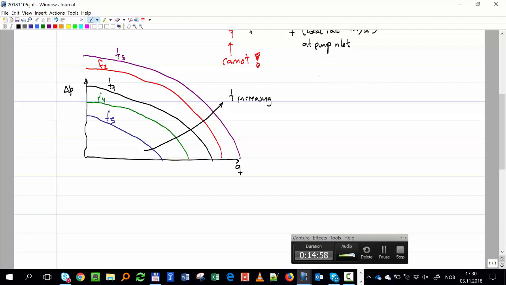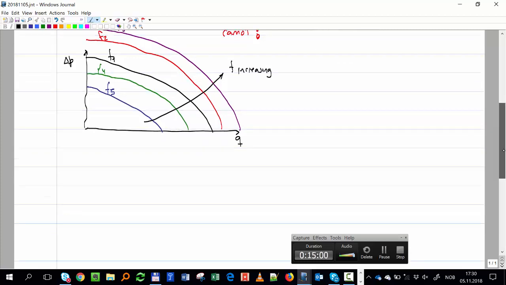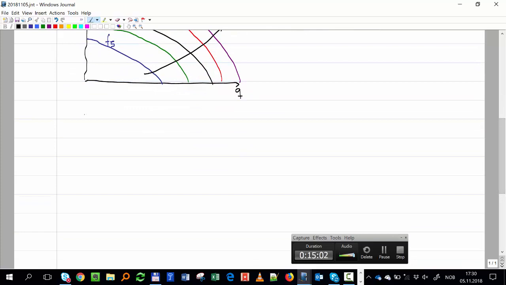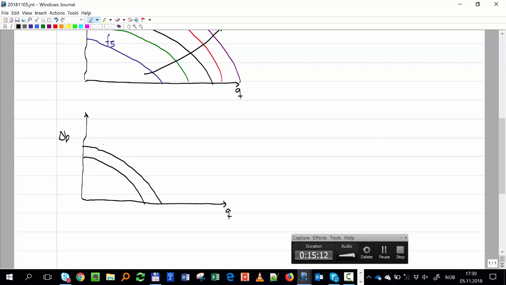So let me make it on a different plot to avoid confusion here. Okay, Q, delta P, and I have my different frequencies.